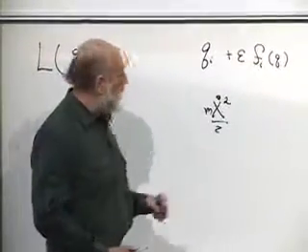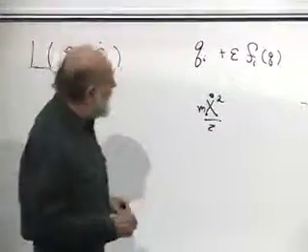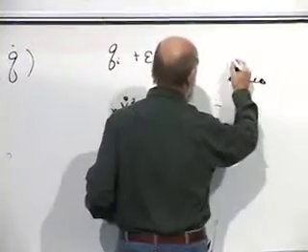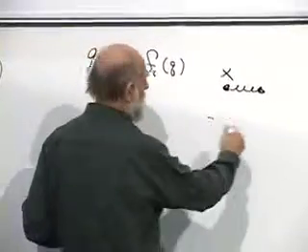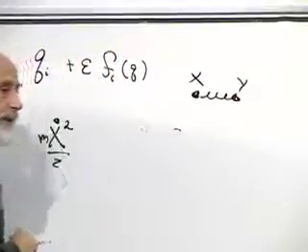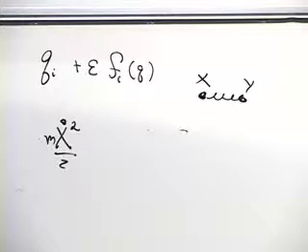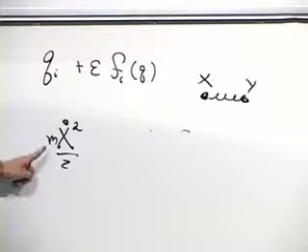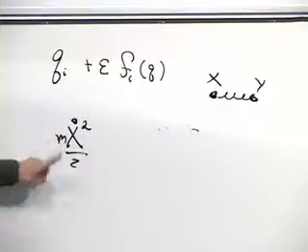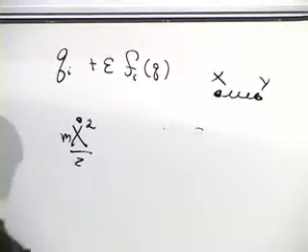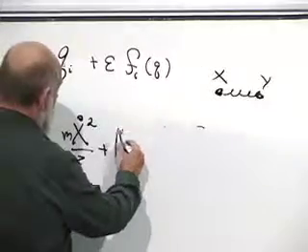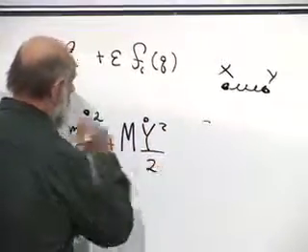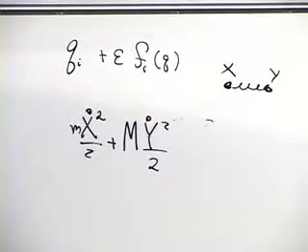But now let's take another problem. Let's take a problem with two particles connected by a spring. Let's call the position of the first one x and the position of the second one y. They don't correspond to two different axes. They just correspond to two particles, x and y. All right. What's the energy? Kinetic energy of the first particle is m x dot squared over 2. Second particle, let's call it capital M y dot squared over 2. Now, what about the potential energy?